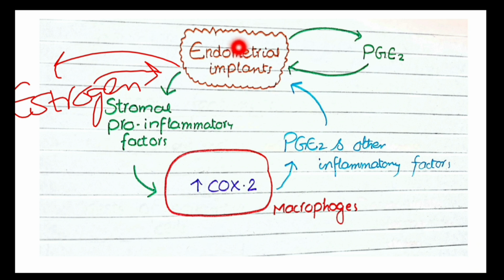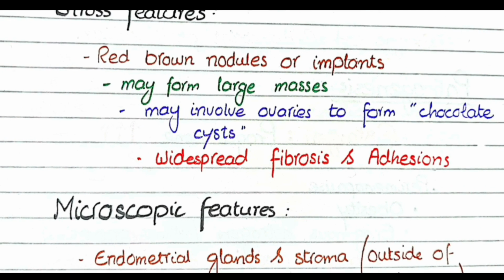But these endometrial implants are not connected to the genital tract. Rather, they are present in the abdomen and pelvis. So at the end of the menstrual cycle, they undergo bleeding, and as the blood cannot be shed into the outside environment, it organizes itself into the form of nodules. So you will see red-brown nodules or implants.